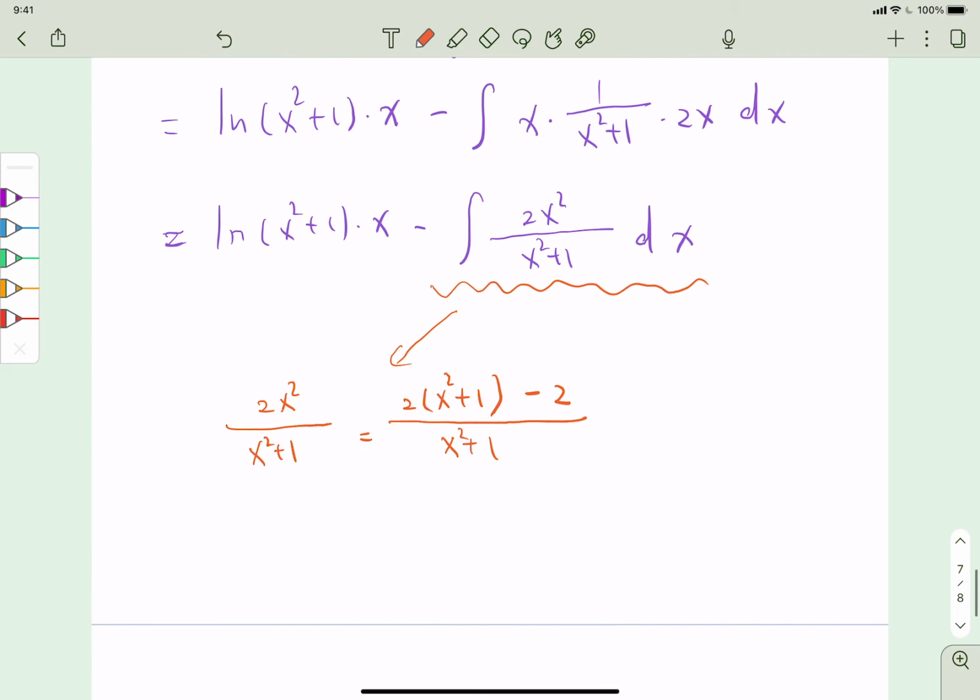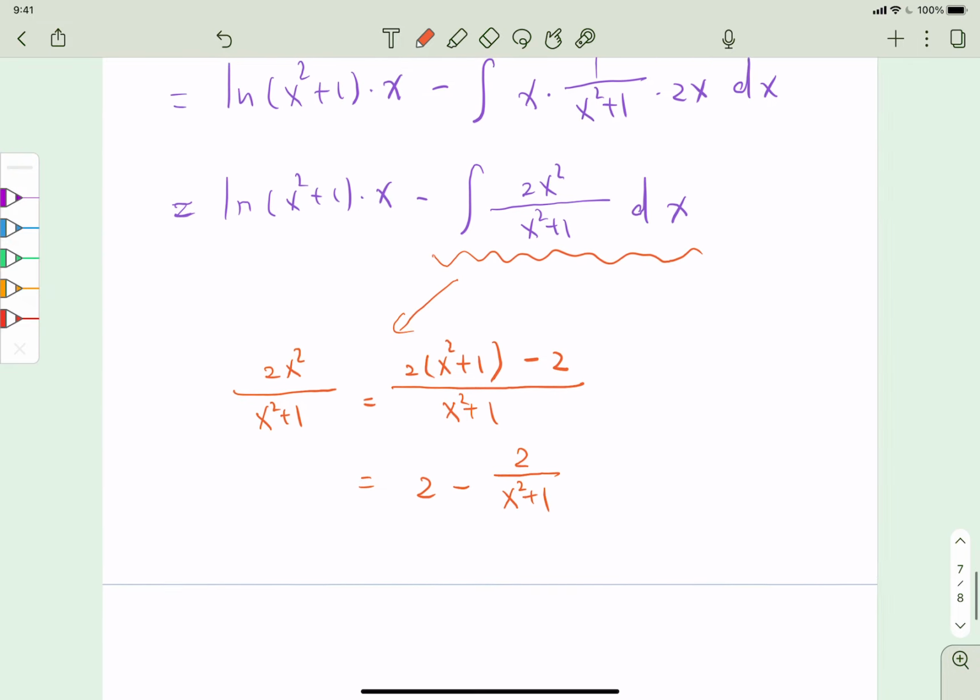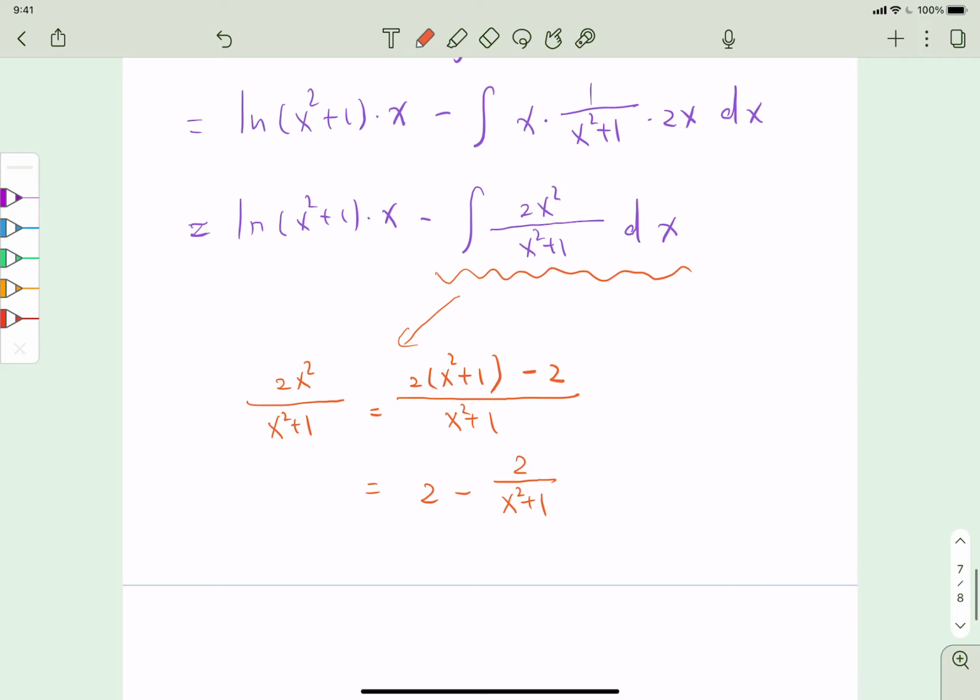And now I can split the terms on the top into two parts. So I have 2 minus 2 over x squared plus 1. This is a very common technique to use.